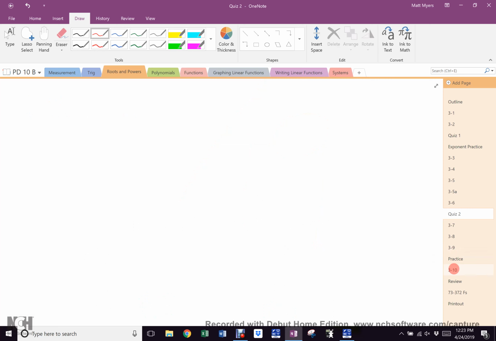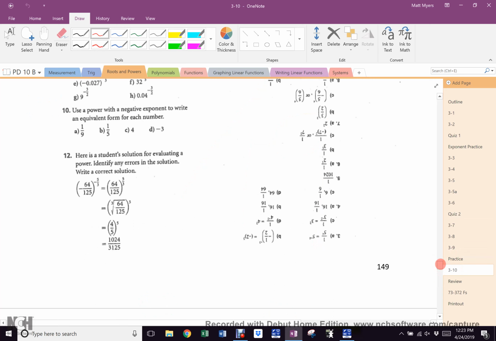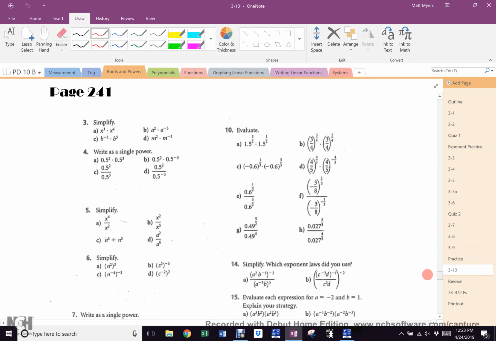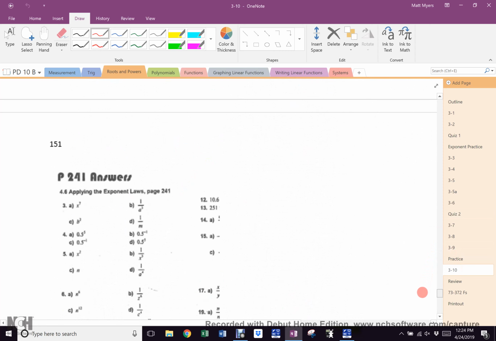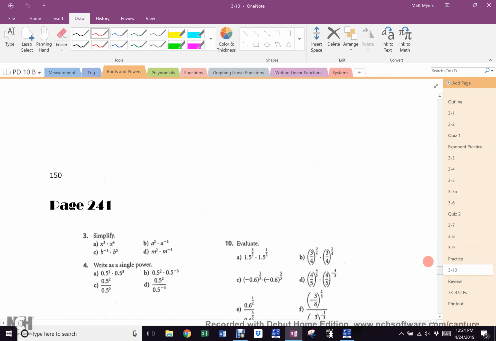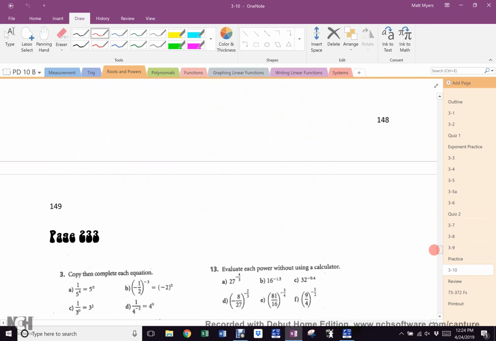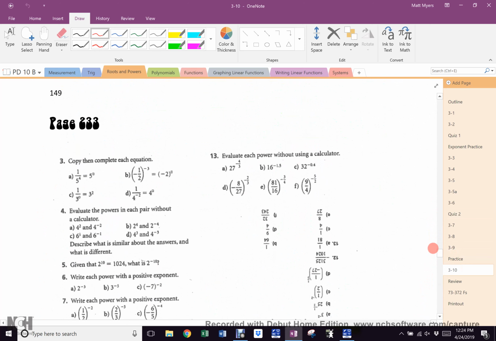Were there any questions from pages 149 and 150? No. That was your homework from yesterday. Page 149 and 150.